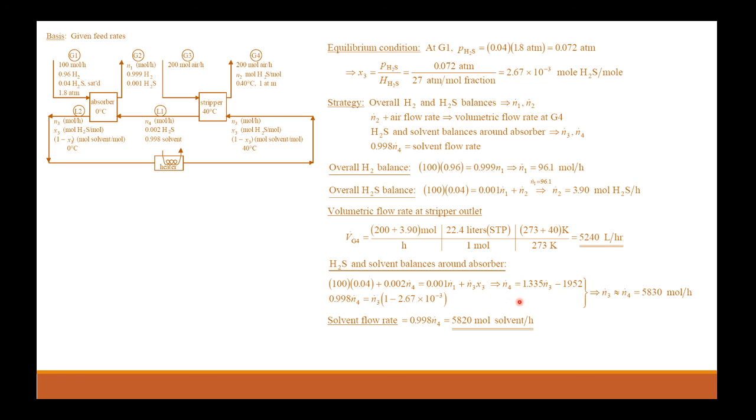So simply solve the equations simultaneously, and we will get around 5,820 moles of solvent. The values may differ slightly because of the number of decimals that were used, but it's okay. As long as your method is correct, then it will be fine.